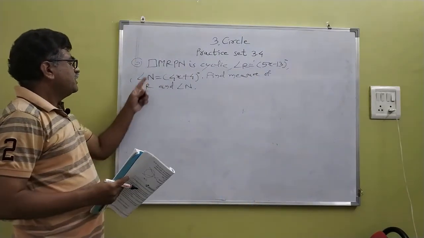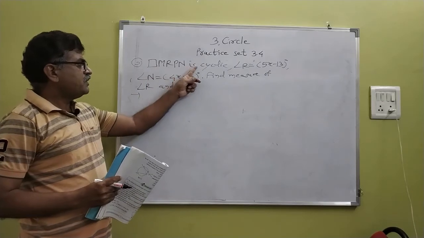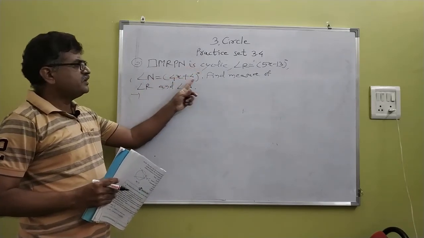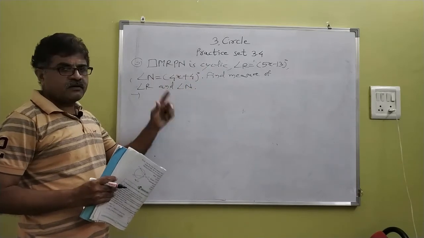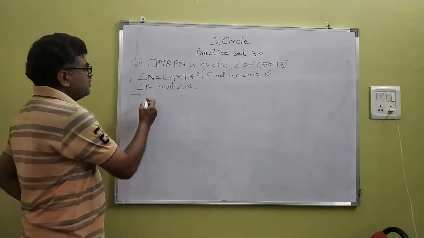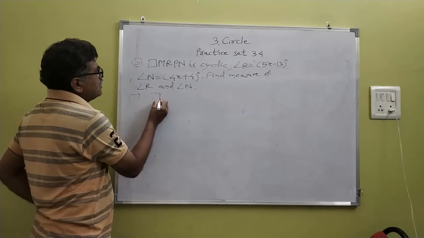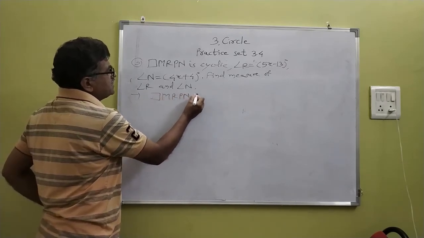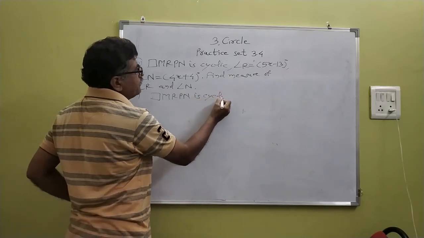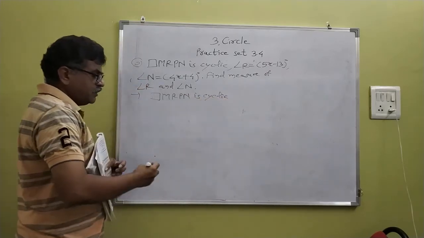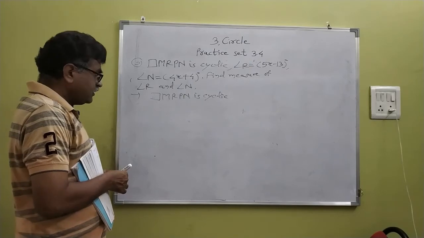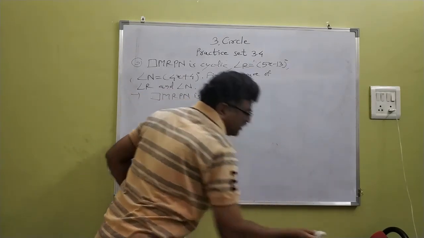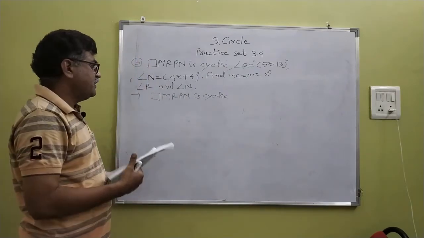Now here, quadrilateral MRPN is cyclic. Angle R and angle N are given. Find the measure of angle R and N. First write down the given: quadrilateral MRPN is cyclic. Now we know that opposite angles of a cyclic quadrilateral are supplementary.